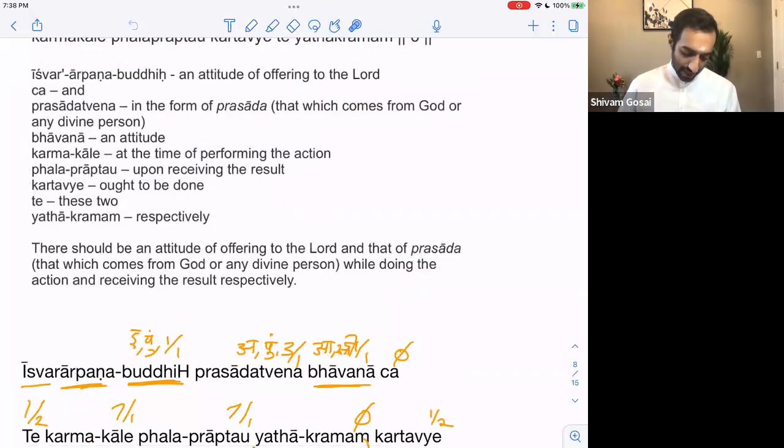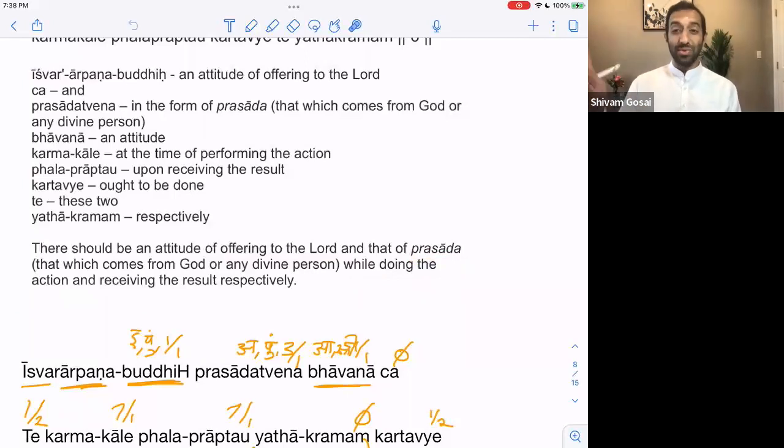We were seeing this last time. And there should be an attitude of Ishwararpana buddhi, offering to the Lord, and prasada buddhi, while doing the action and receiving the result, respectively.